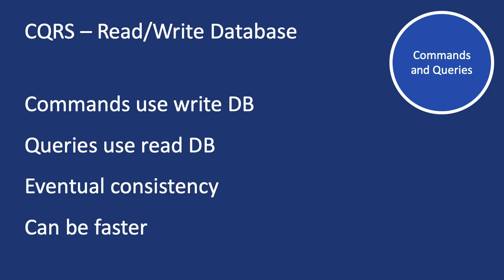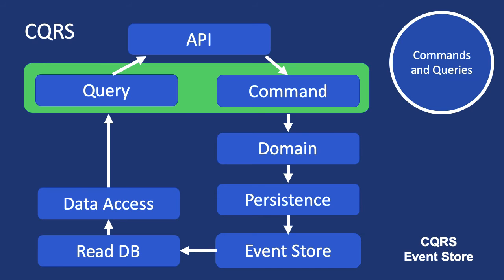Now, I just want to draw attention to one other type of usage with CQRS, and this is CQRS with an event store. Often you'll hear CQRS talked about in the same sentence as the event store architecture. The big difference here is that instead of using a relational database, we use an event store. And an event store, as the name implies, stores events.